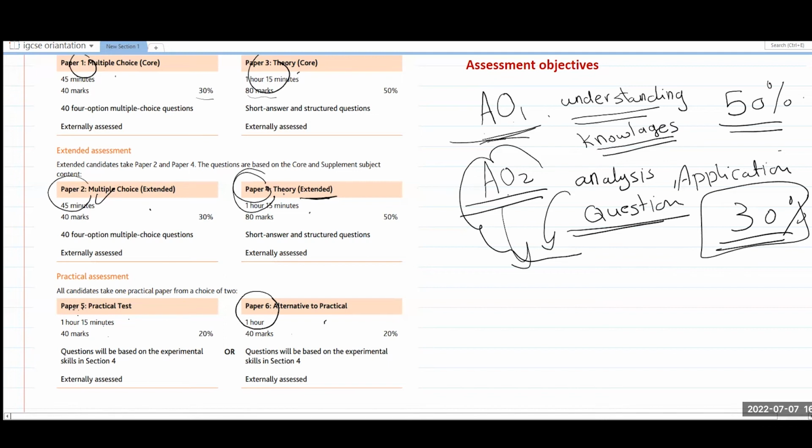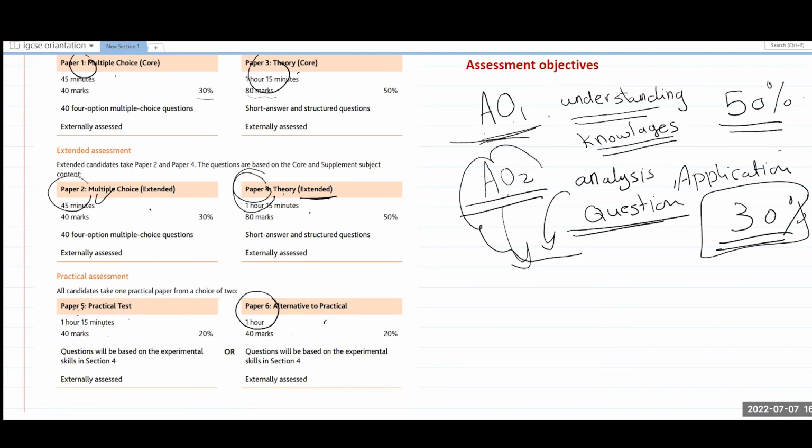Okay, an AO2 question which may come related to that part will ask you: if I give a particular drug, or some toxic substance which may affect part of the mechanism of transmission of the nerve impulse, what will happen?